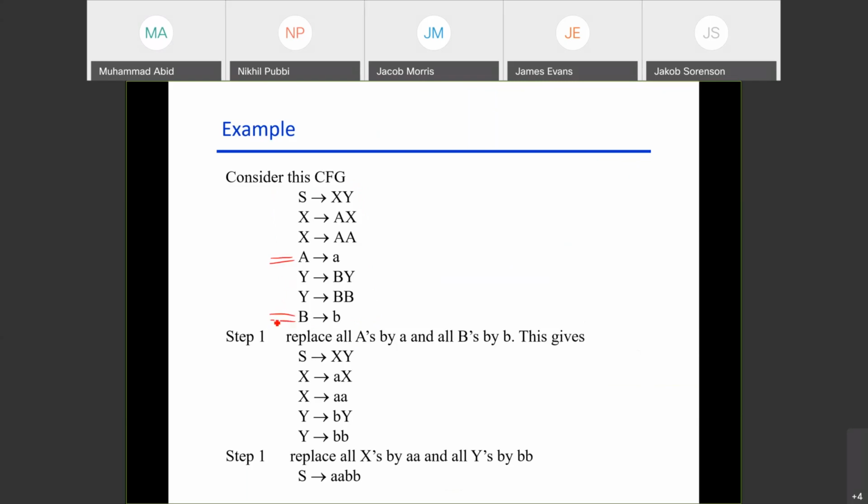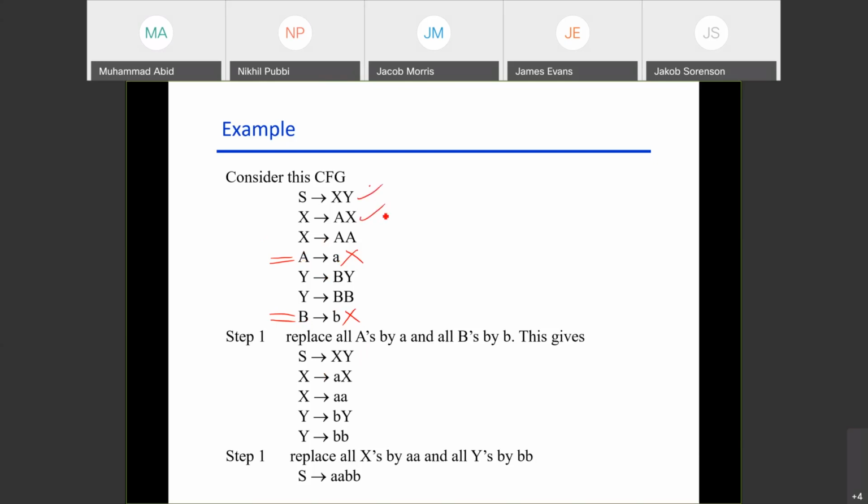We have these two production rules. Now the next step is to delete all these production rules. Delete also those production rules which have the same non-terminal, like A or B, on the left side. So far we do not have any. Then replace in this grammar all non-terminal capital A with small a, and all non-terminal capital B with small b. This is our second step. So this is good, I write this as it is.